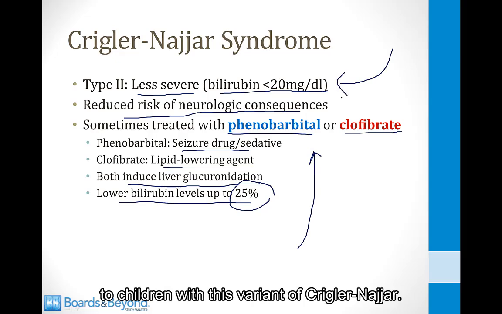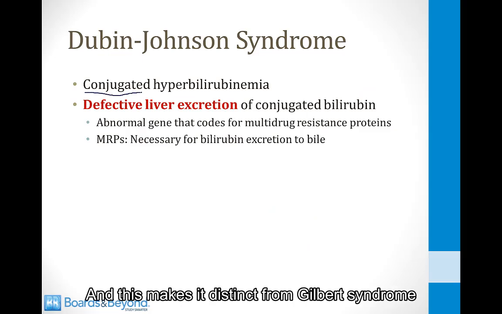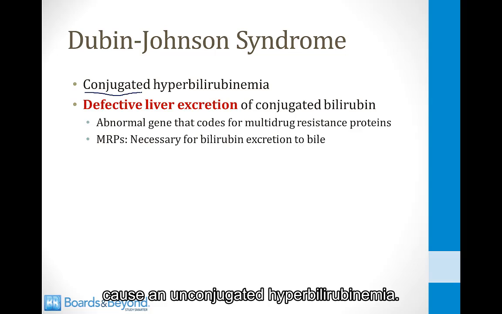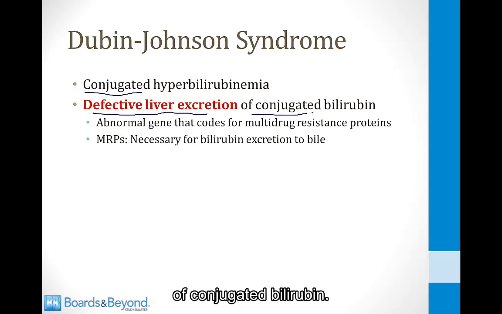Dubin-Johnson syndrome causes a conjugated hyperbilirubinemia, and this makes it distinct from Gilbert syndrome and Crigler-Najjar syndrome. Both of those conditions cause an unconjugated hyperbilirubinemia. The cause of elevated bilirubin levels in Dubin-Johnson syndrome is defective liver excretion of conjugated bilirubin.